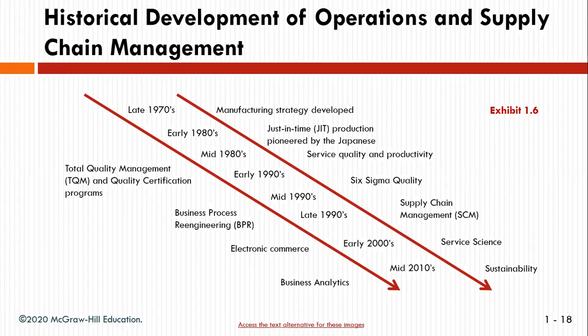We will be talking about probably just in time, the Japanese way of... started this thing, total quality management, and we will talk about service quality and production, what's the Six Sigma qualities and business process. And you see each one has developed in a certain years.